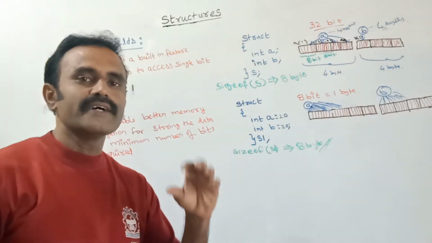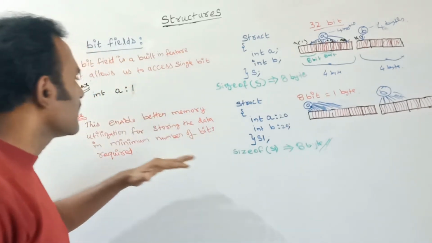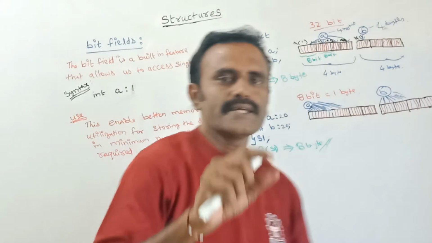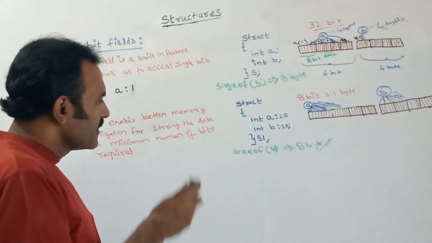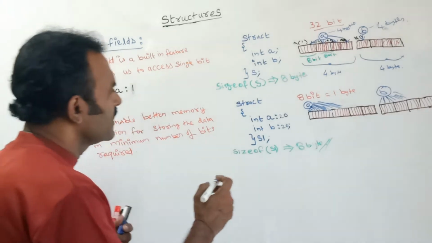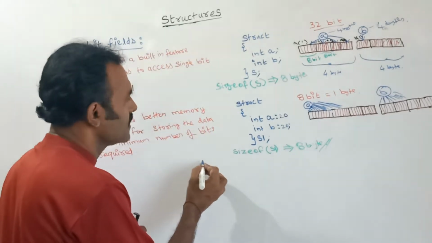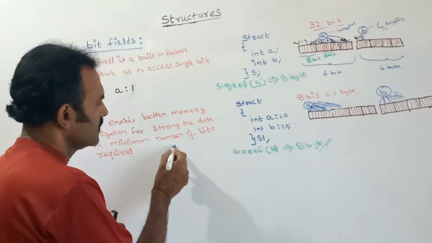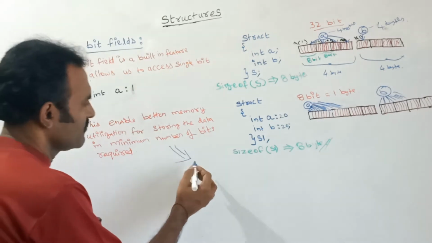What we require, that minimum number of bits we can allocate. Let us take a simple example. Suppose I need to store the date, minimum memory utilization for the date.